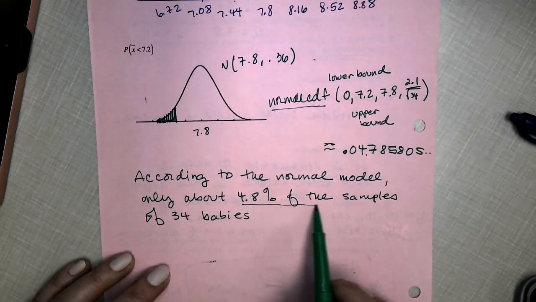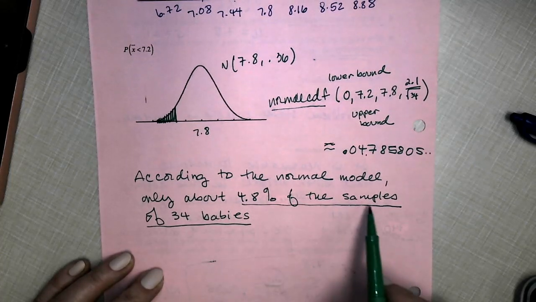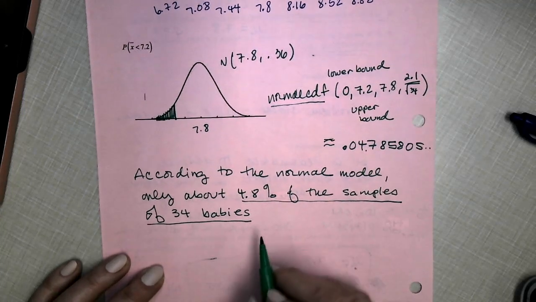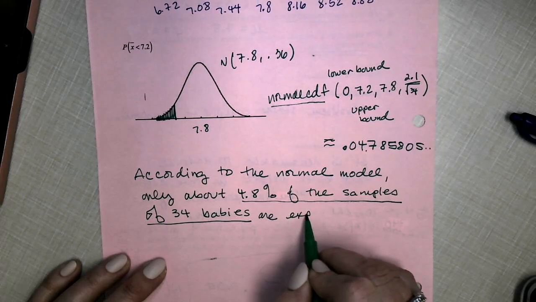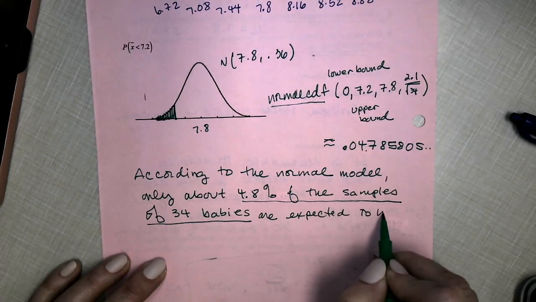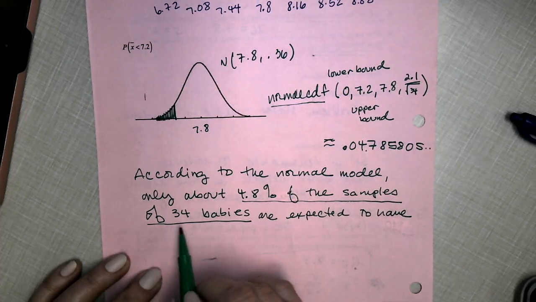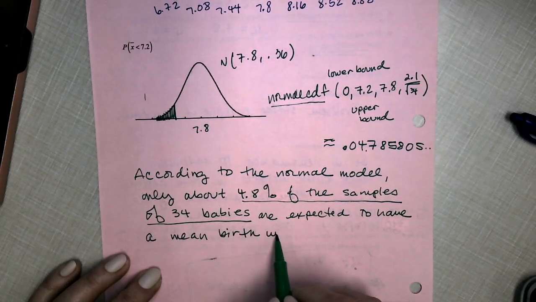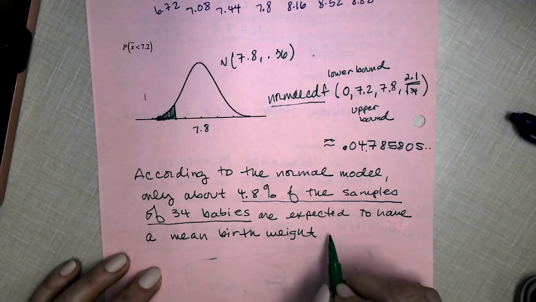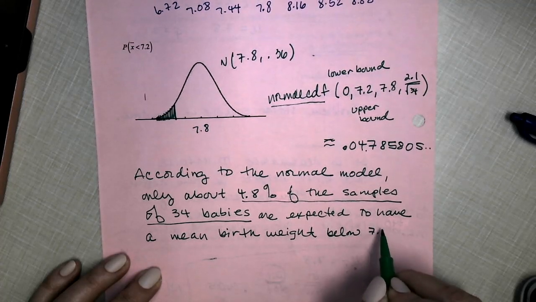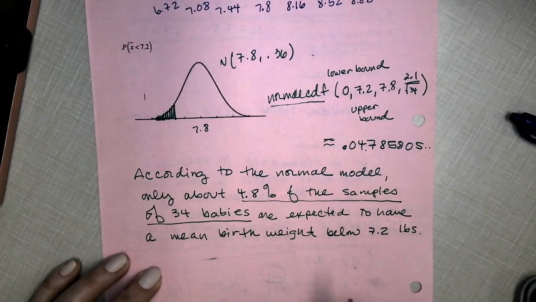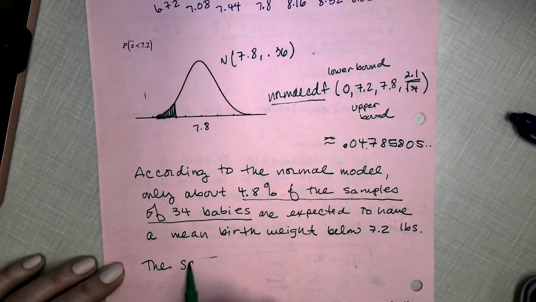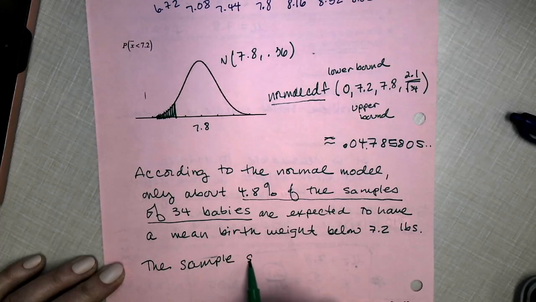Only about 4.8% of the samples of 34 babies are expected to have a mean birth weight below 7.2 pounds. So the sample suggests, right?